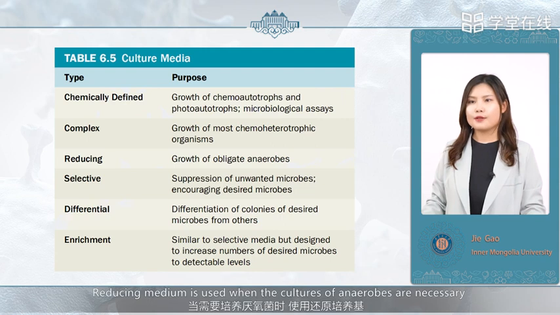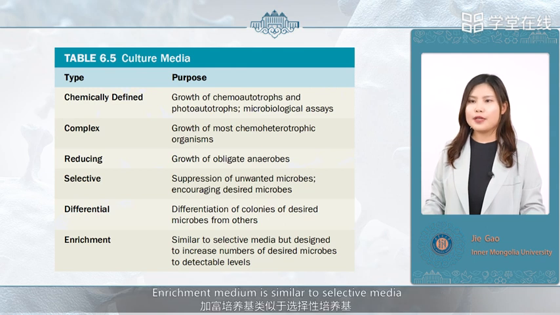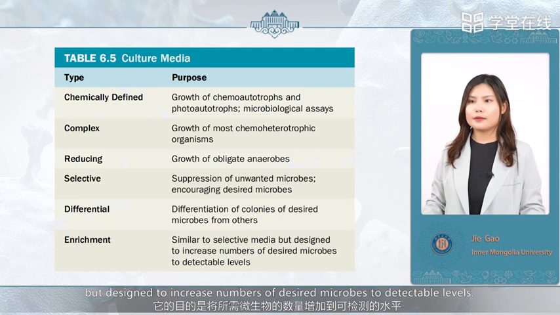Reducing medium is used when cultures of anaerobes are necessary because it contains compounds that remove free oxygen radicals. Enrichment medium is similar to selective medium but designed to increase numbers of desired microbes to detectable levels.